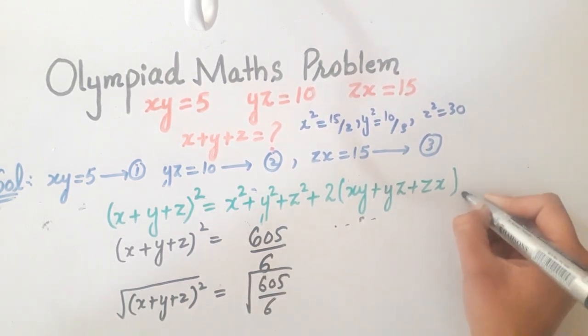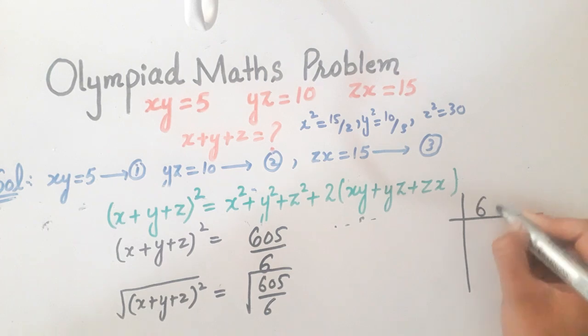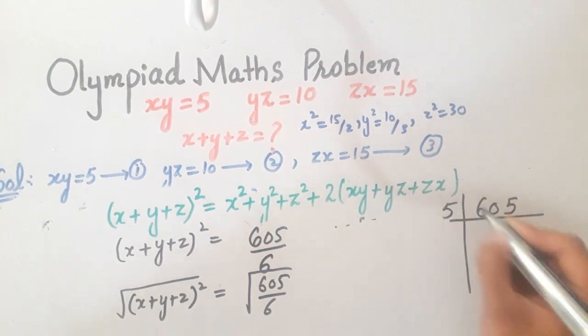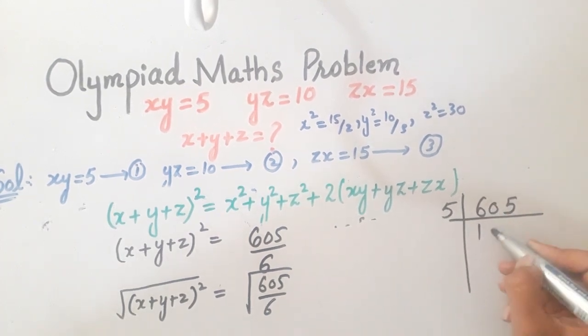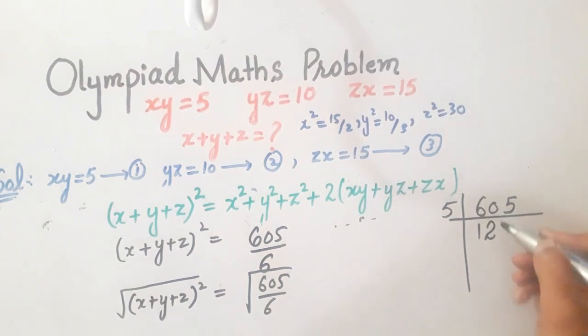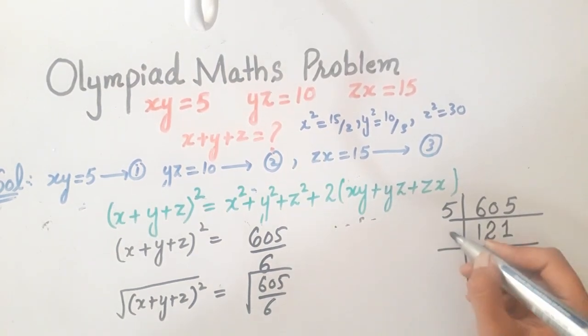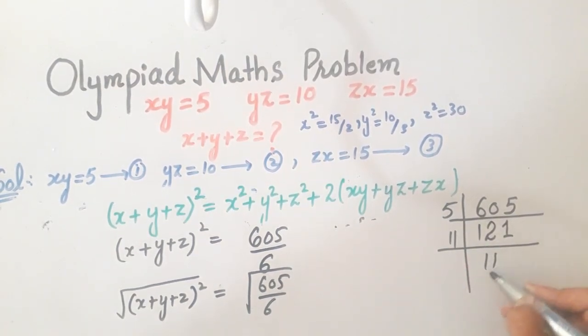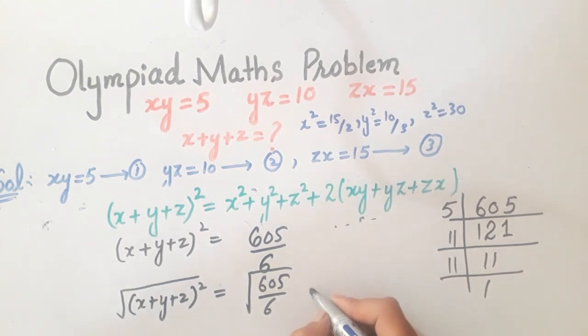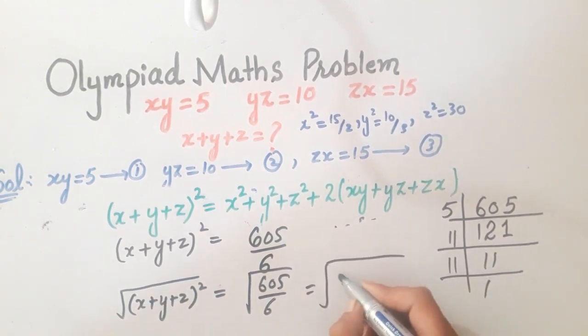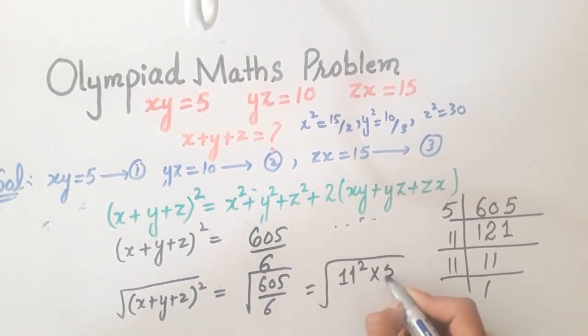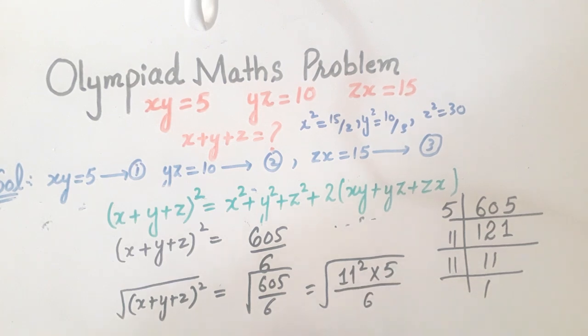Now we will take the factorization of 605. 5 ones are 5, then 5 twos are 10, then 5 ones are 5, 11 ones are 11, and this will be 11, which implies that we have 11 square multiplied by 5 by 6. So 11 root 5, we get this equals 11 root 5 by root 6.